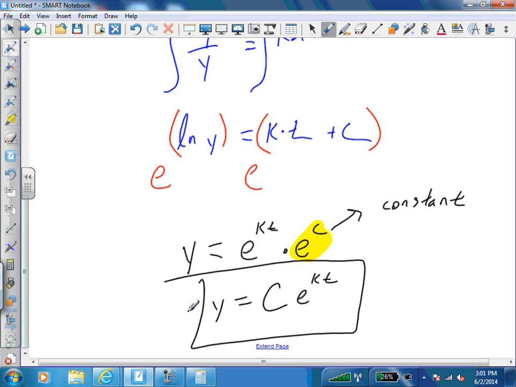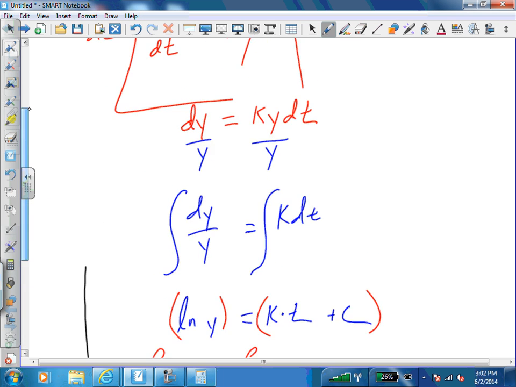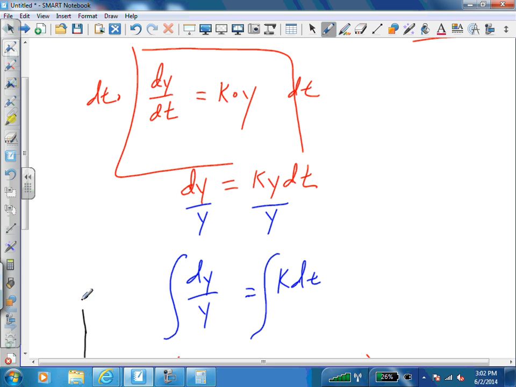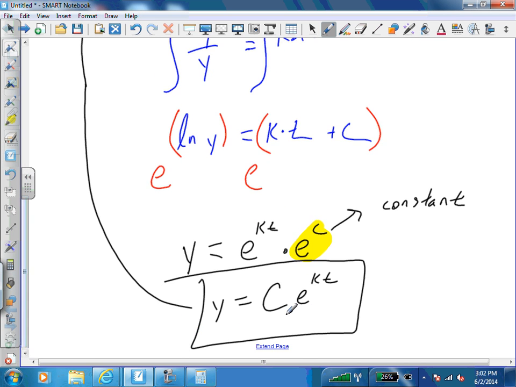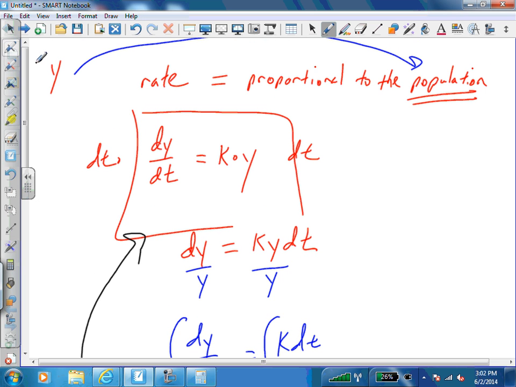So in the past, in pre-cal, you were just given that formula. That's where that comes from: integrating this differential equation.